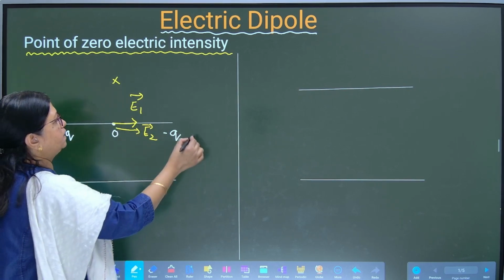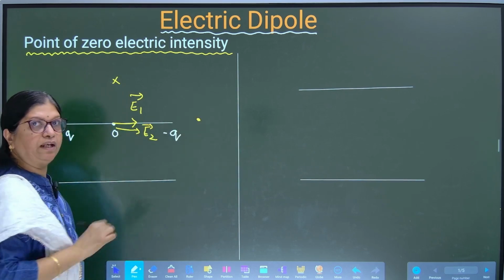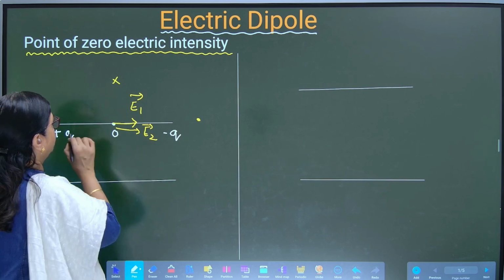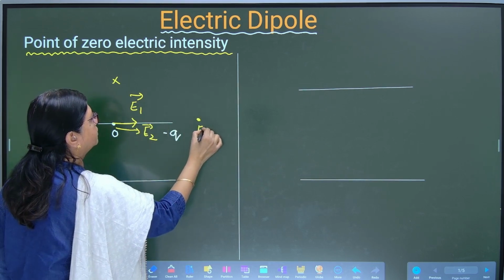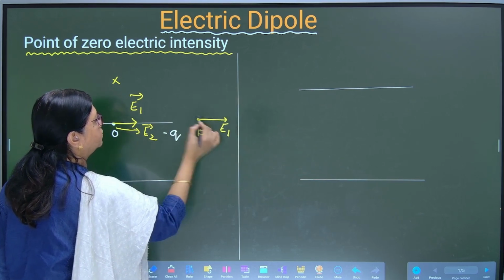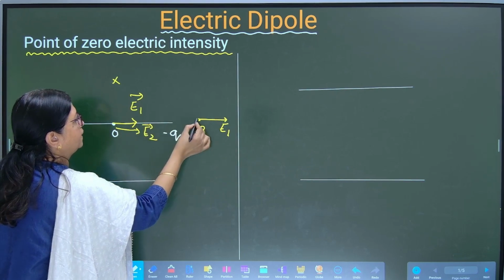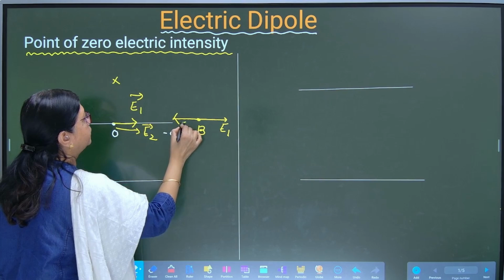So let me consider one point here. Again I do the same thing. Electric field due to the positive charge: I go from the positive charge to a point, say B. Let me name it E1. This is due to the positive charge. Now, from the negative charge, I must go inwards. E2.